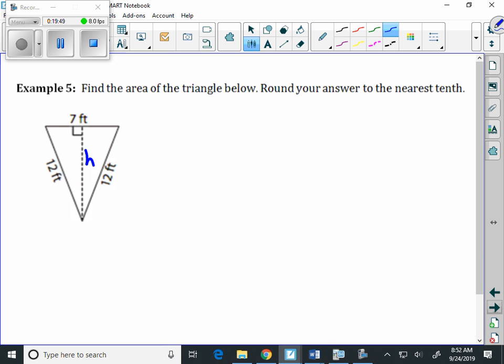So what happens with the height is that this side now becomes 3.5. And this side becomes 3.5. And we need to use that to help us find the height by using the Pythagorean theorem. So this becomes 3.5 squared plus h squared equals 12 squared.